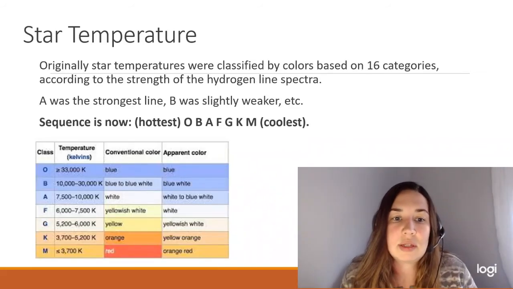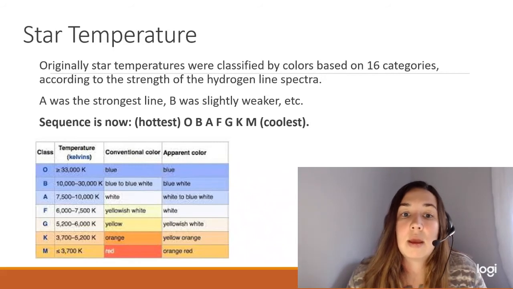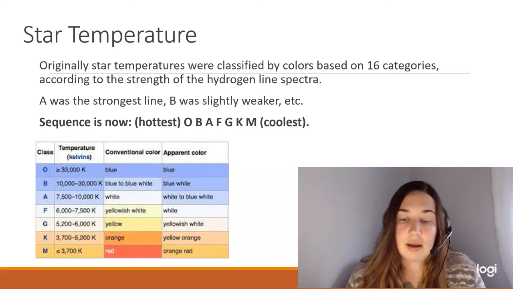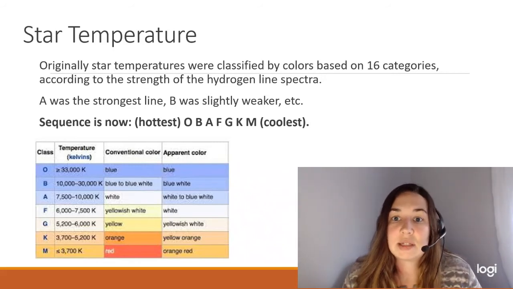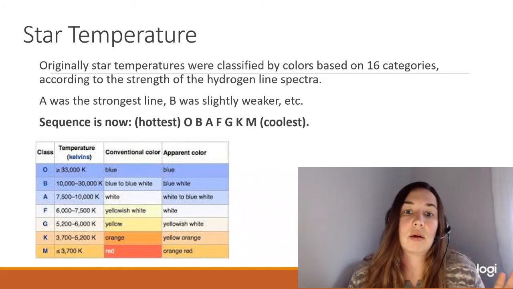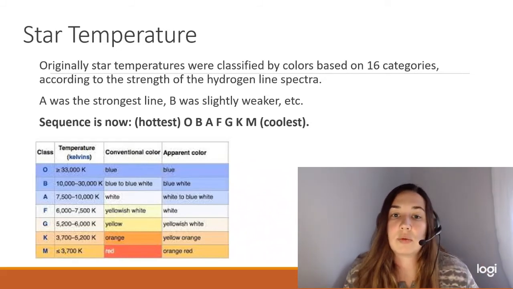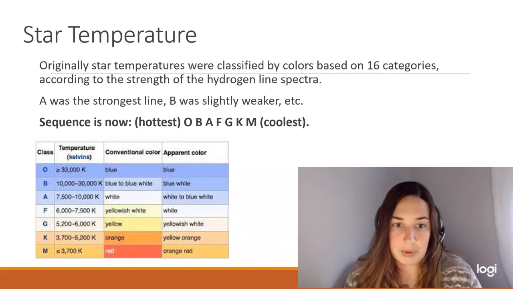Okay, so here you can see that originally star temperatures were classified by color to determine temperature, based on 16 categories, according to the strength of the hydrogen line spectra. So there were 16 categories originally, looking at color to help determine temperature.